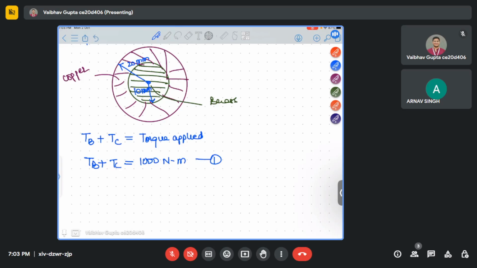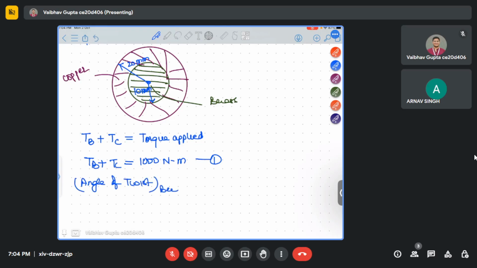If a torque is applied to the whole section, some portion of the torque will be experienced by brass and some will be experienced by the copper, and the total sum will be equal to the torque applied. But the point is, the angle of twist for both the things will be same. See, if you are twisting a wire, both will rotate by same amount. No. Yes, sir.